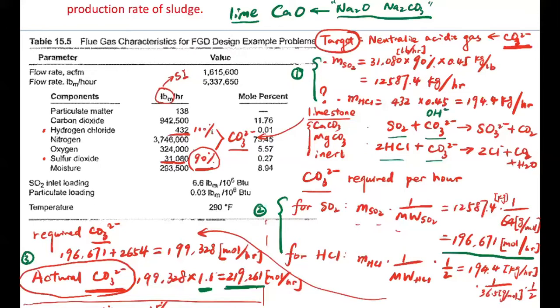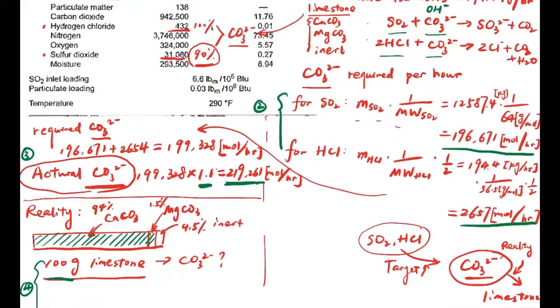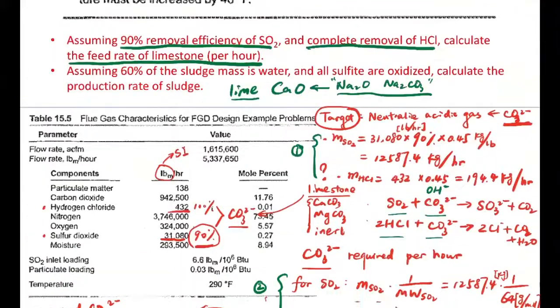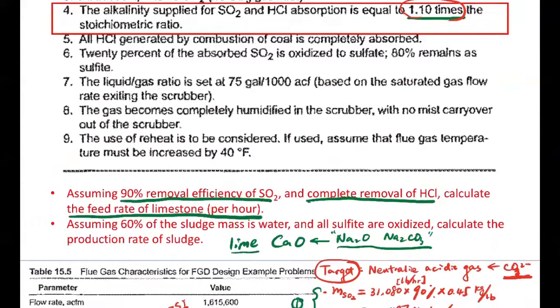Based on these reactions, you can find out the required oxygen ions or hydroxide ions and use that as a bridge to relate the amount of the acidic gases to the actual required amount of either lime or trona into the system, right? So this is how we solve the feed rate of the limestone.